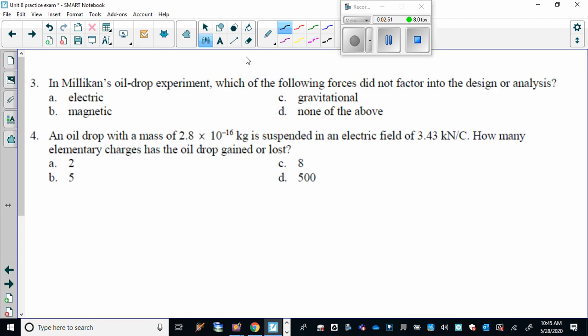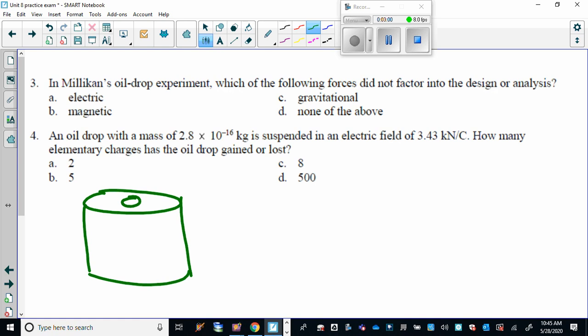So if you'll recall the Millikan oil drop experiment, you take a container, you put a hole in it, you charge this one, let's say negatively, and you charge this positively, then you drop oil drops through it that are charged oil drops, so you put them through a spray or something, so we'll charge them through friction, and then the ones that have gained electrons will fall. Gravity will pull them this way, but the electrostatic force will push them that way.